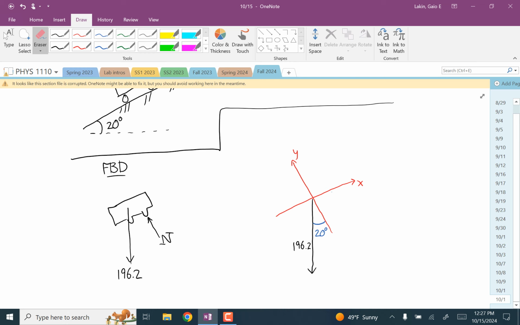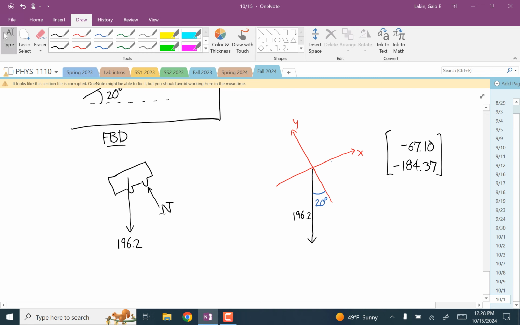So we got negative 67.10 and negative 184.37. Anyone get anything different than that?